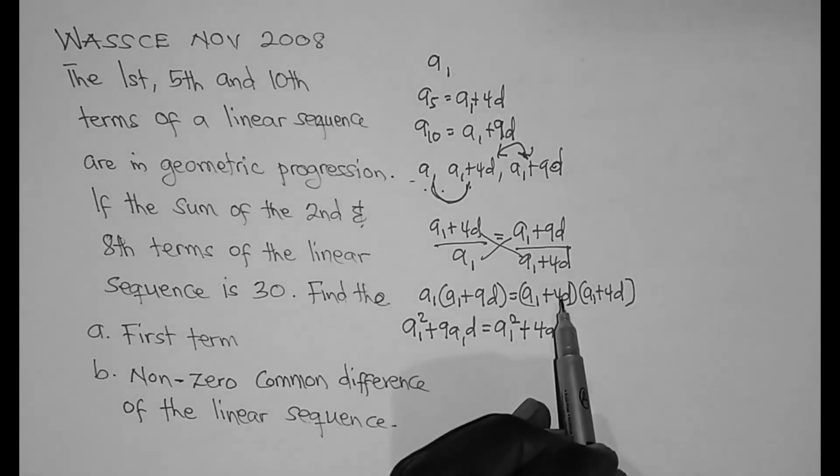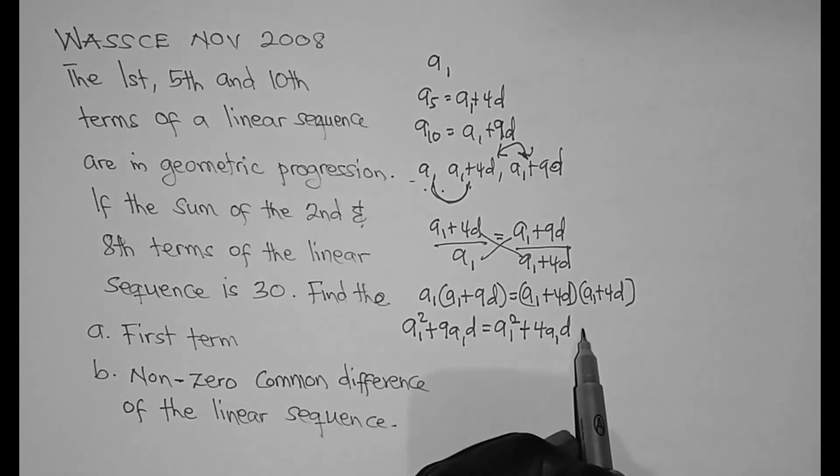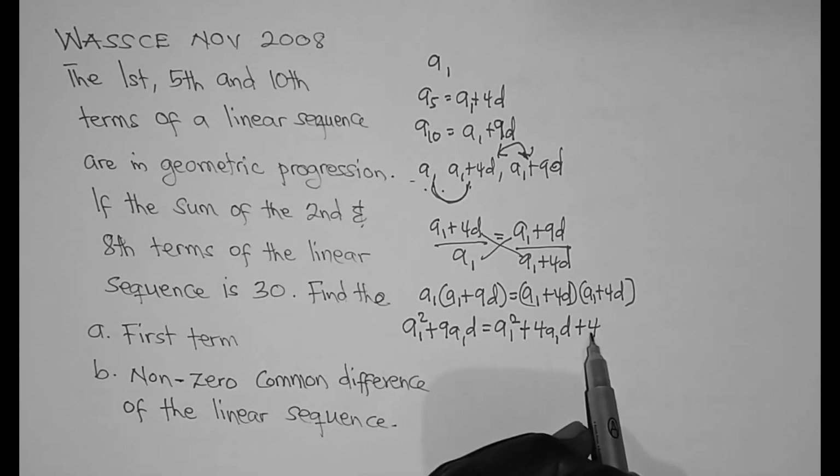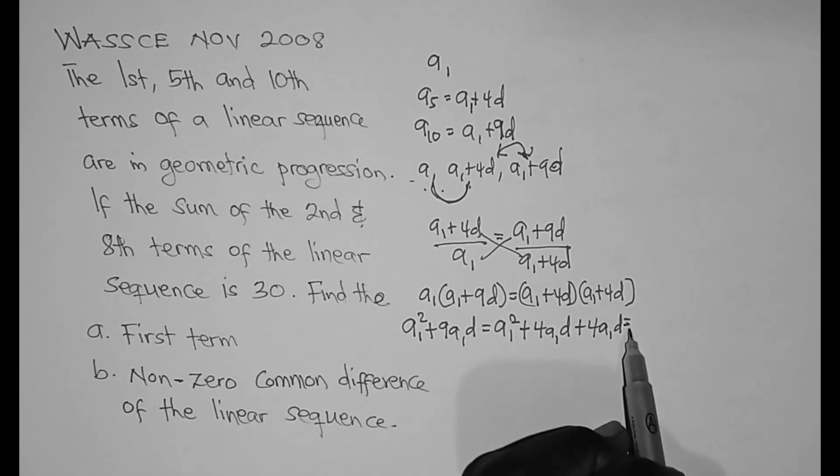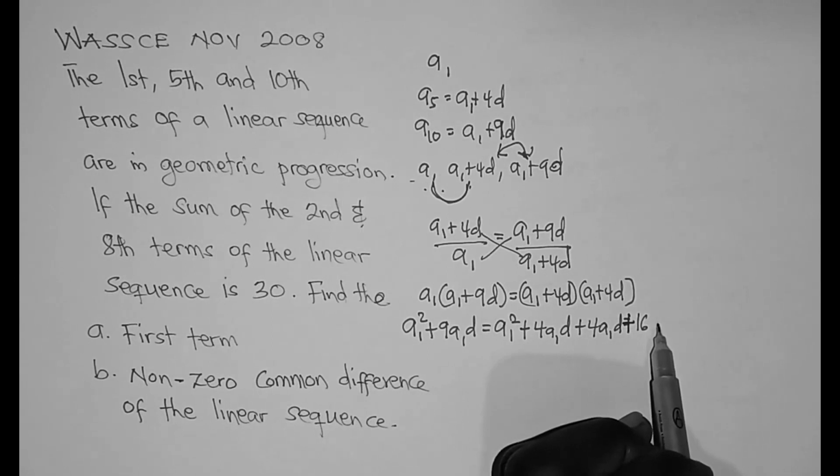Then 4D times A1 becomes plus 4A1D. Then 4D times 4D is equal to 16. So it becomes plus 16D squared.